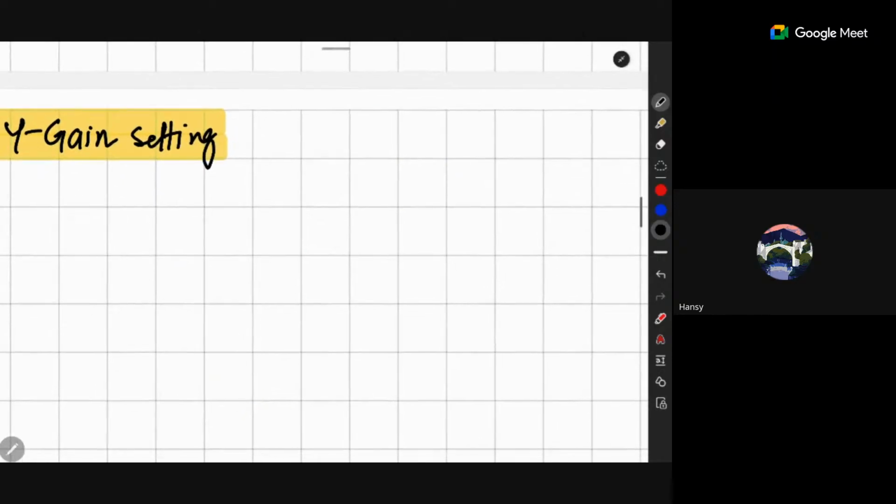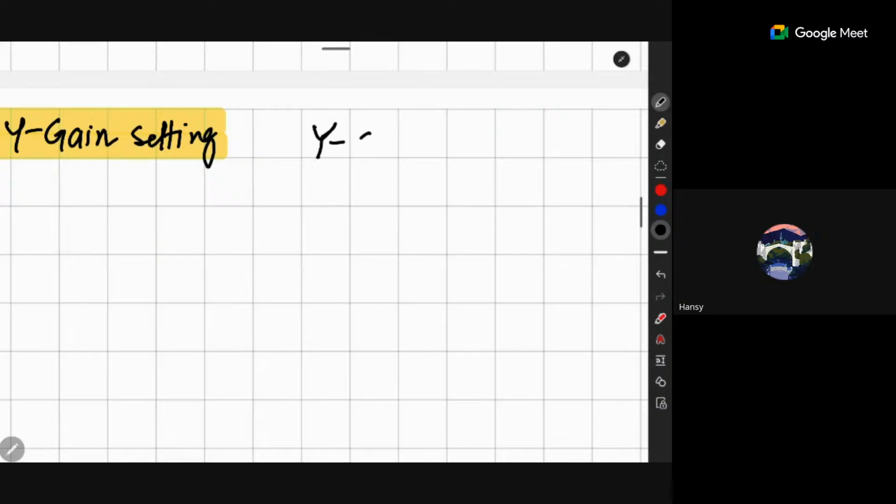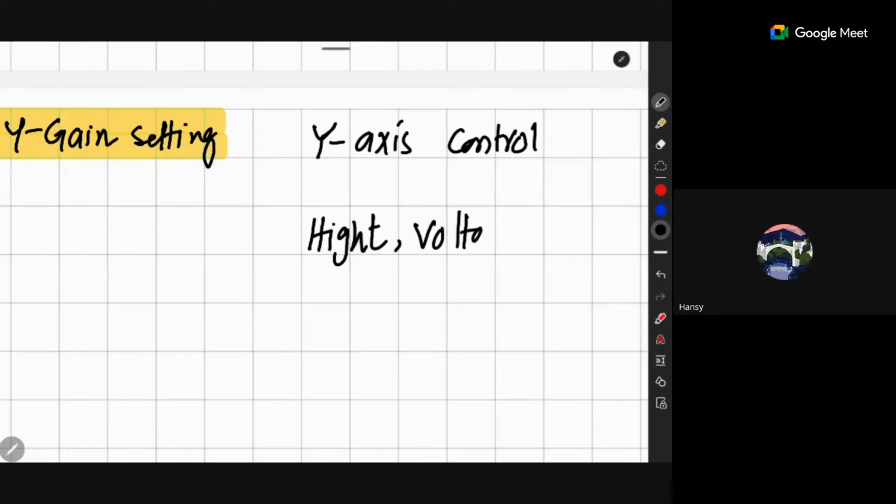Basically it is the y-axis control. And what does it control? It controls the height of the wave, voltage of the wave, voltage of the signal, current, magnitude, amplitude, everything. Is it clear to everyone?